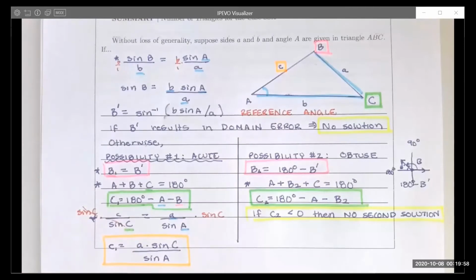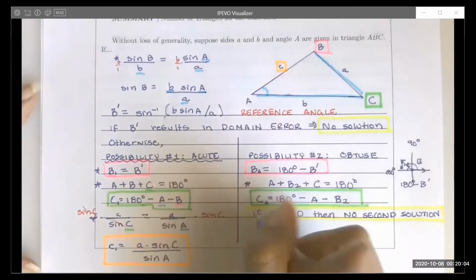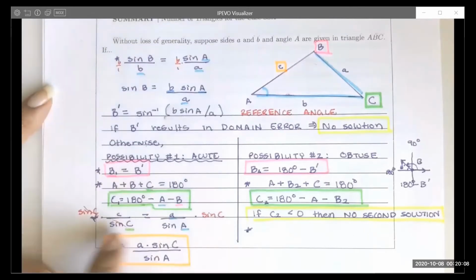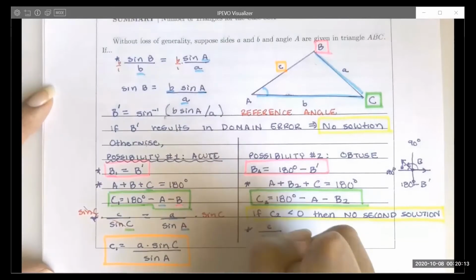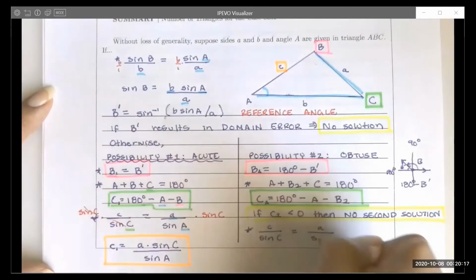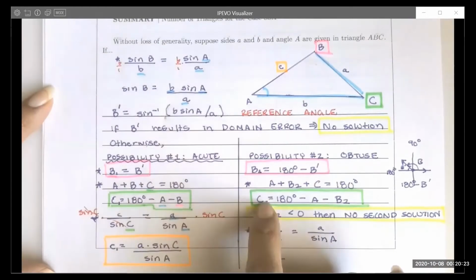But if it is positive, if it's greater than 0, then we would continue on to find the last missing piece, which is side C, by doing exactly the same step as what we did here. Meaning write C over sine of angle C is equal to A over sine of angle A. But now the difference is that our angle C is going to be this C2.